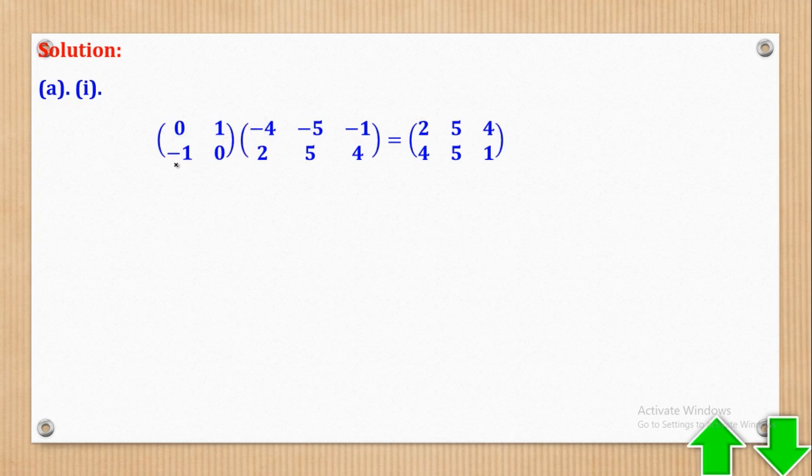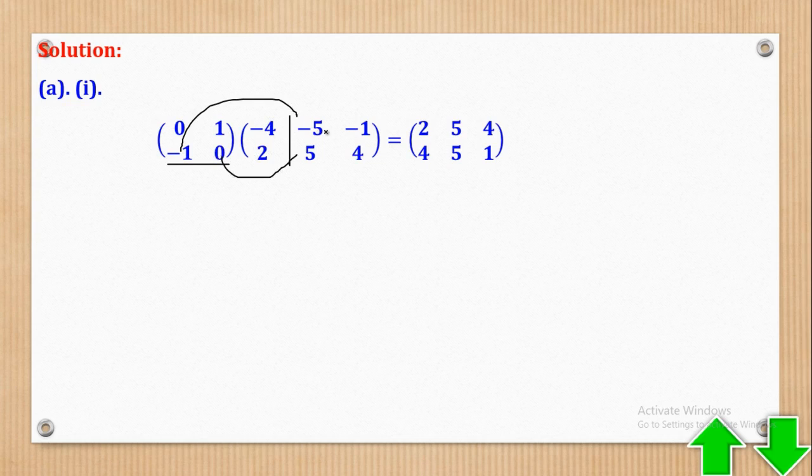Then with the second row, this with that, therefore it will be negative 1 by negative 4 to give you positive 4, 0 times 2 to give you 0, therefore 4 plus 0 is 4, which is that. That is the coordinates of A. What about for B? For B we still do the same, row by column. So this with this is 0, and this with this is 5. So 0 plus 5 is 5, which is that. Then for the y coordinate, this with that is positive 5, and this with this is 0.